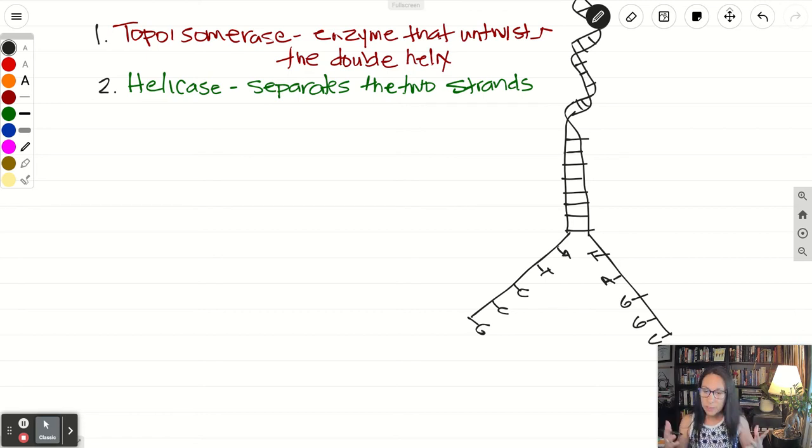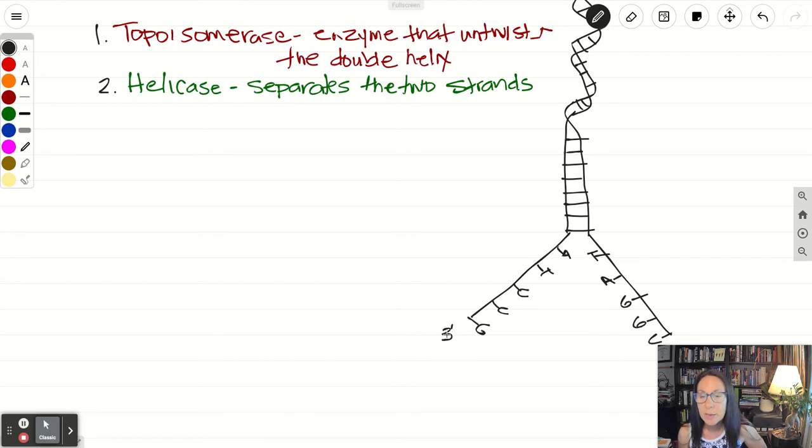Another thing I want to point out is that, remember from the last video, each strand has the opposite orientation. So this strand over here, I'm just arbitrarily picking a side. It could be either one, because remember, DNA just floats around inside of a cell, so there's no left or right. It could be upside down, but we're just drawing it.